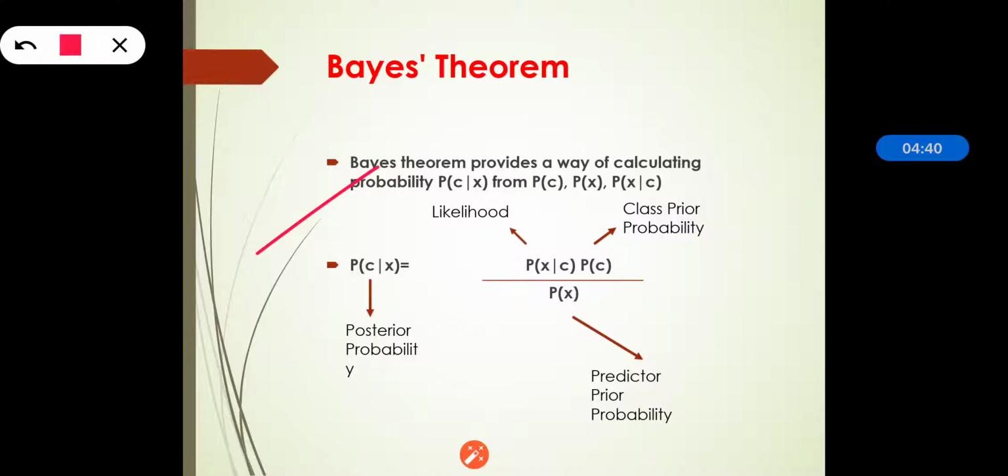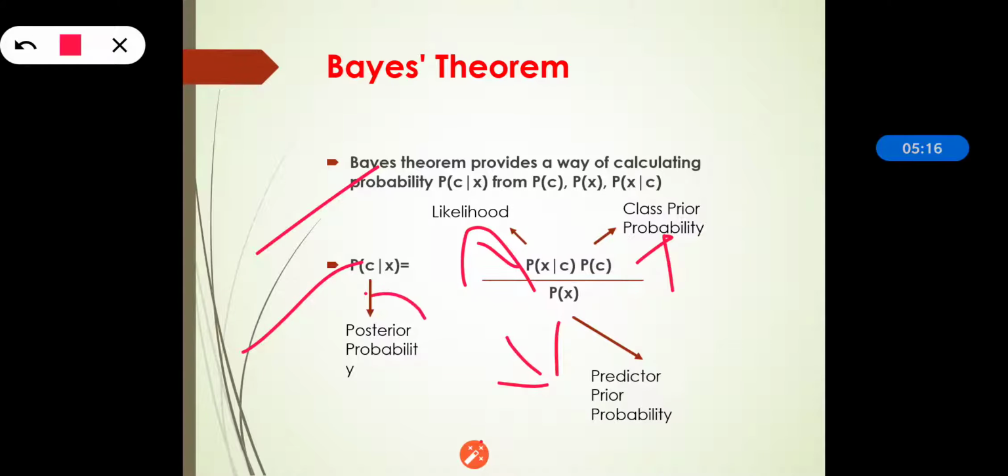P(c|x), the posterior probability, is calculated by P(x|c) times P(c) divided by P(x). Here P(c|x) is the posterior probability, P(x|c) is the likelihood, P(c) is the class prior probability, and P(x) is the predictor prior probability.